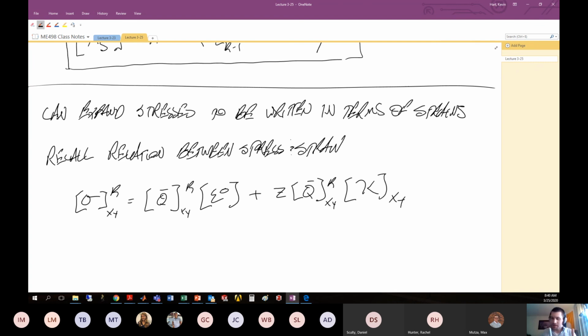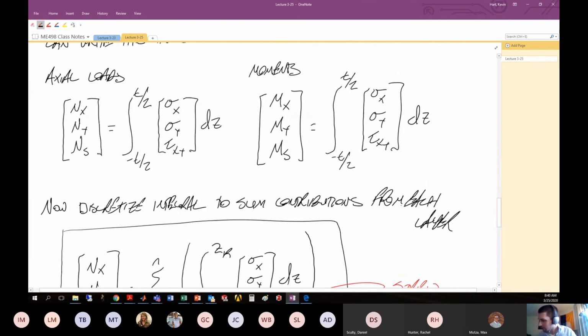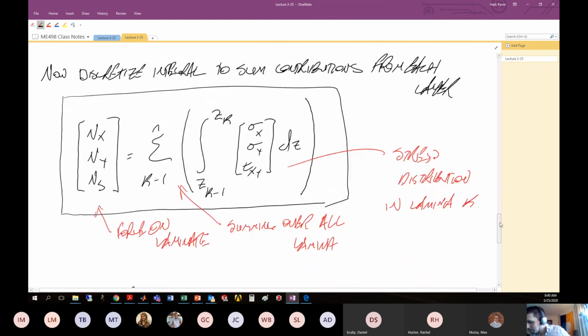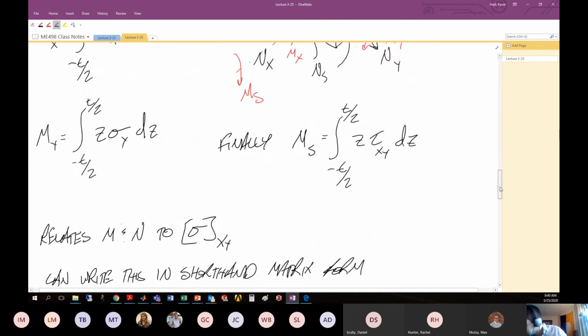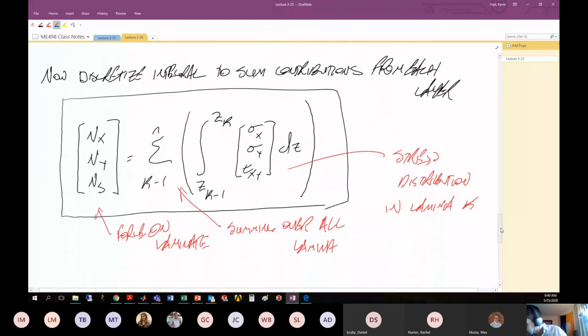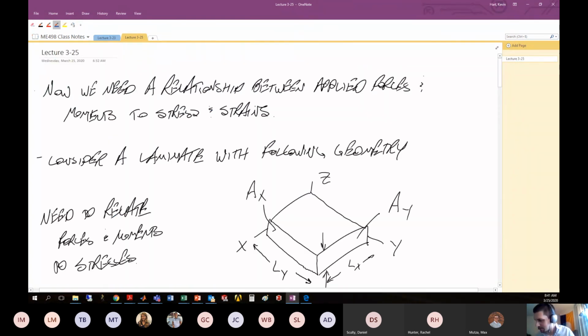All right. So what we can do is take the relationship between the loads we applied, N X, N Y and N S, and the stresses that developed, and actually substitute the general equation for stresses into this particular portion of the integral.